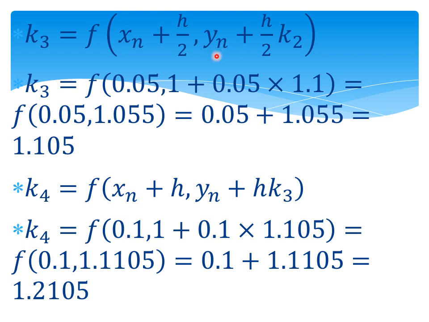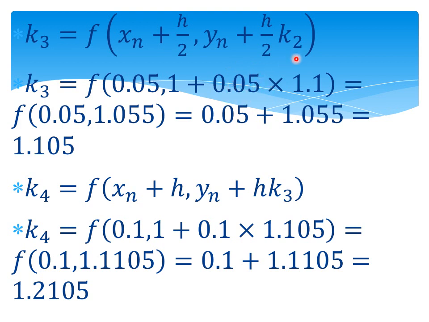The value of y naught is also given in our question, so we put 1 plus, with the plus sign, h upon 2. It means 0.1 divided by 2, we get 0.05.